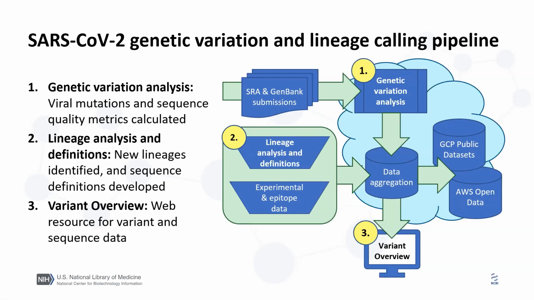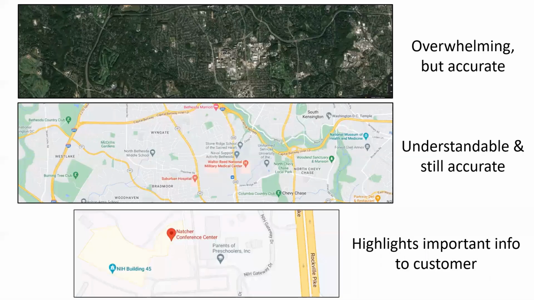In a separate second step, the mutations identified in sequences are compared to the lineage-defining mutation sets, and then sequence records get classified as Pango lineages. Finally, the data is aggregated with sample metadata, such as the collection date or location, so it can be served up to accessible cloud directories or our variants overview website that I'll be talking about more in a minute.